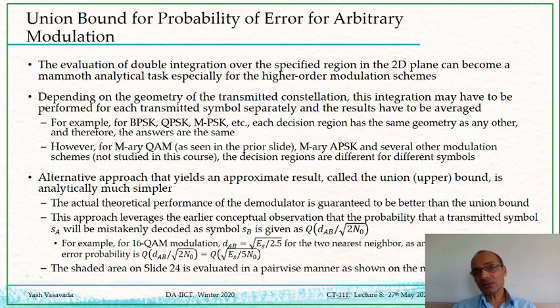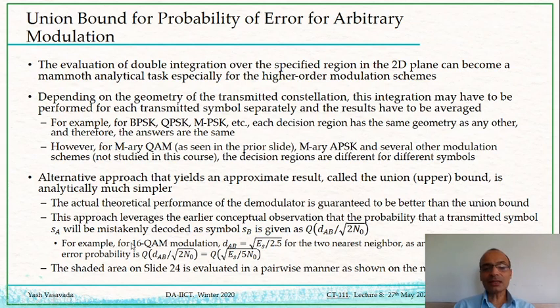So there is actually one approach which is kind of simple, and it makes use of our earlier understanding that the probability that we will detect one symbol as some other symbol, that probability is dependent only on the distance between those two symbols other than the power spectral density of the noise. This is that formula that we have seen earlier.